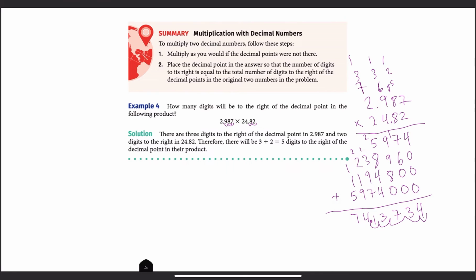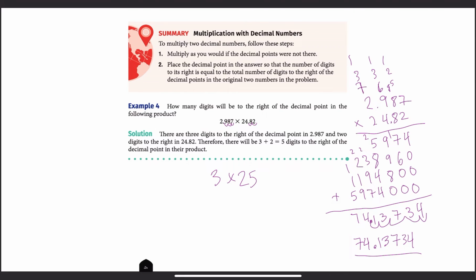So 74.13734. And that's about 75. And that kind of makes sense because I'm multiplying about 3 times about 25. So it makes sense. So I probably did my math right. My subproducts are probably correct. I can check it on a calculator.